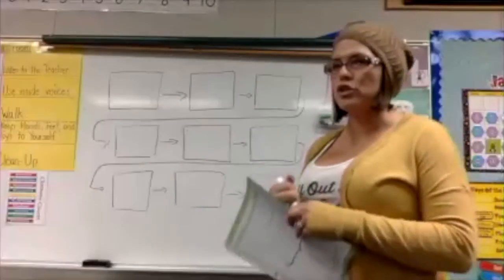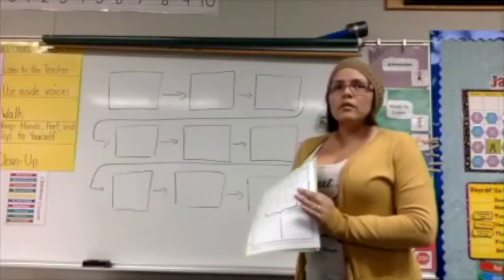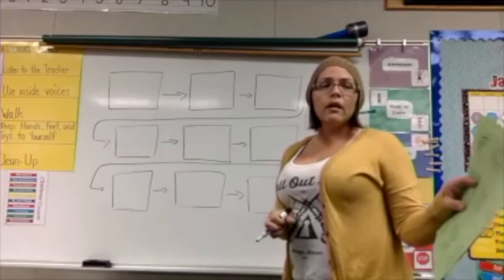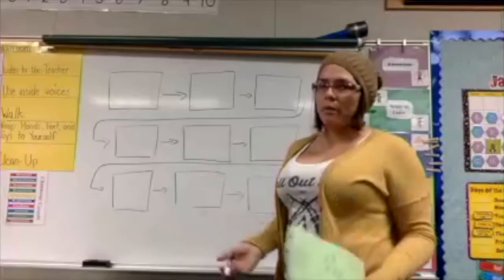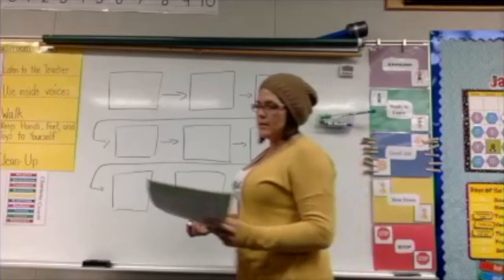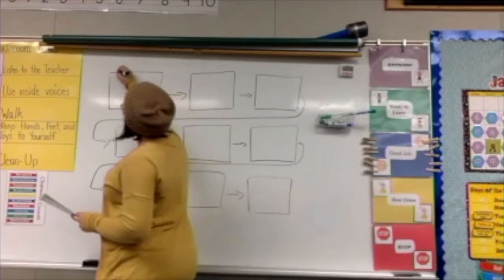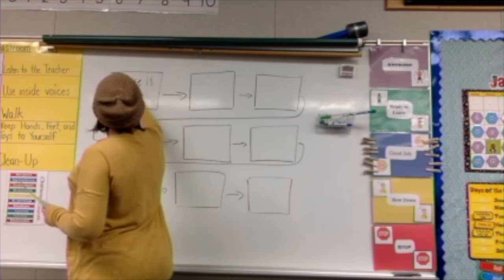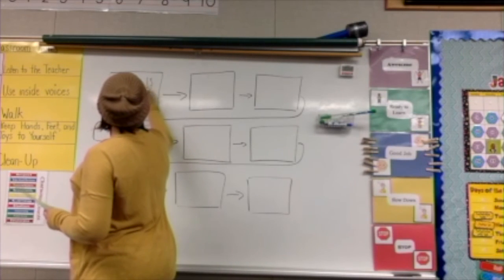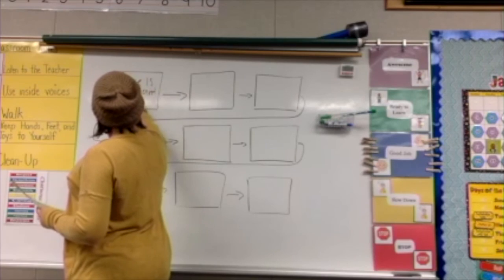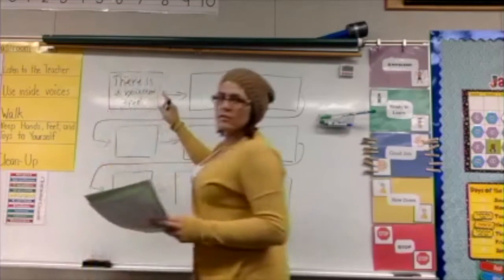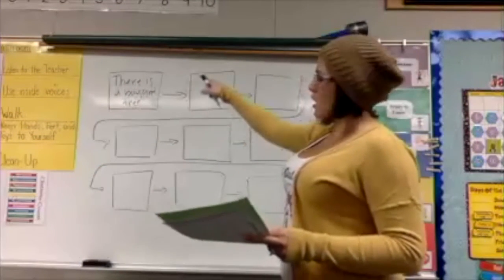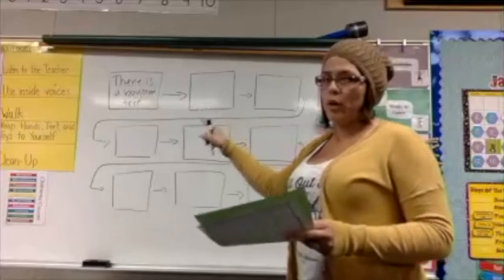So you can ask your students, if you do it as a whole group, what happened first? And some students might say that there is a boy and tree. So that would be your first box because it introduces the boy and the tree.